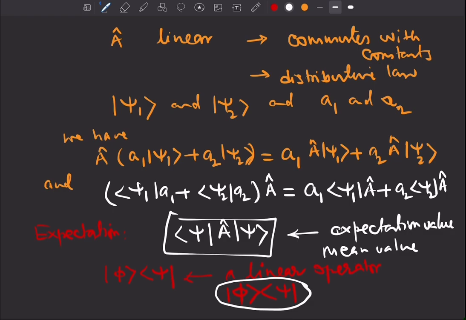If you want to see how it operates, then let's check. When ket phi bra psi is applied to a ket psi prime, then we have another ket. How?